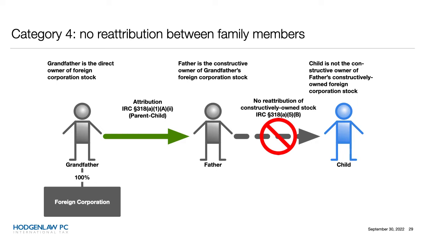And where the red circle with the line through it, whatever that's called for traffic signs, you can see that there's a generic rule in Section 318(a)(5)(B) that prohibits reattribution of constructively owned stock. It's the same rule, the same result, but said in a different place compared to categories 2 and 3, where that rule was hardwired into the regulations at Section 6046. Same result, though. So you don't bounce constructive ownership twice, just once.